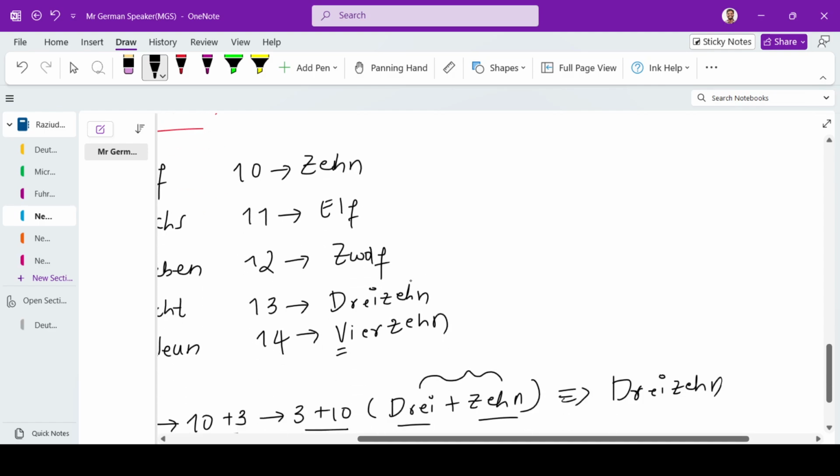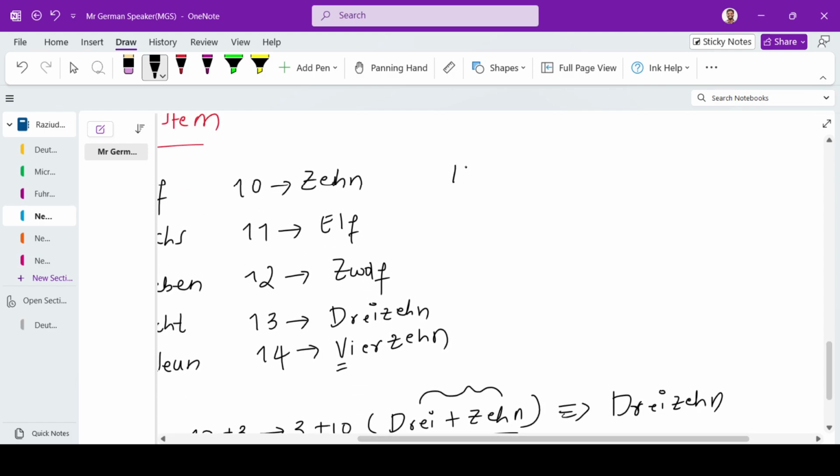Let's move further. We have 15, fünfzehn. Similarly, 16, which is 6 plus 10, sechzehn. Then we have 17.